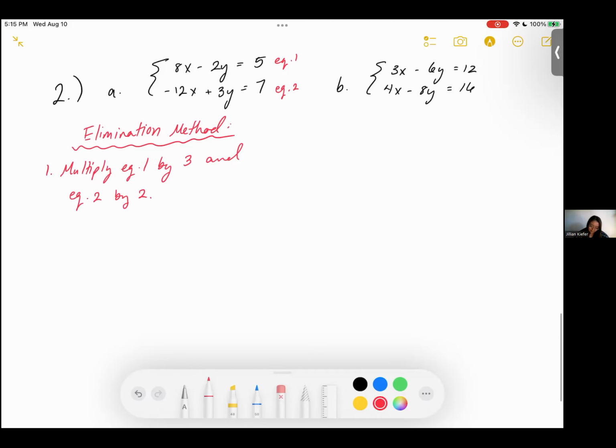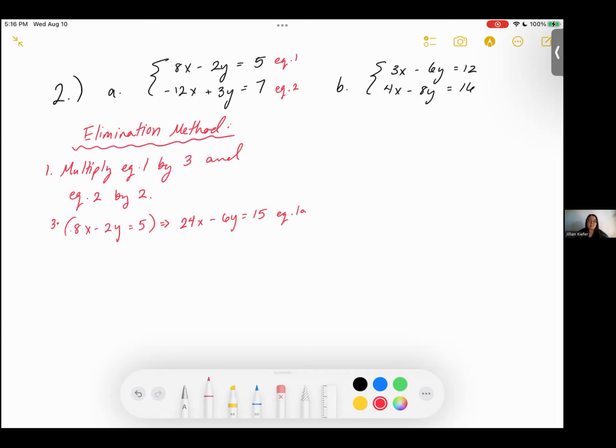If we take equation 1, which was 8x minus 2y is equal to 5, we're going to multiply that by 3. And this is going to result in 24x minus 6y is equal to 15. We're calling this equation 1a. So we're going to use the a equations from now on.